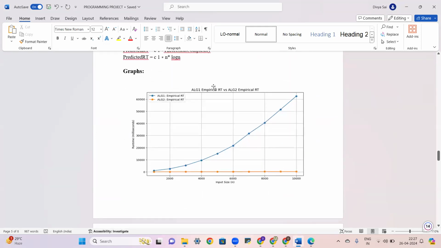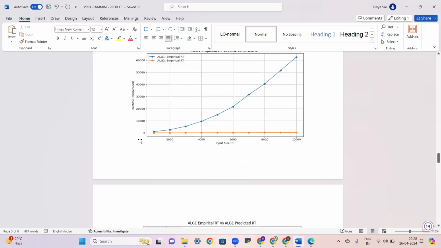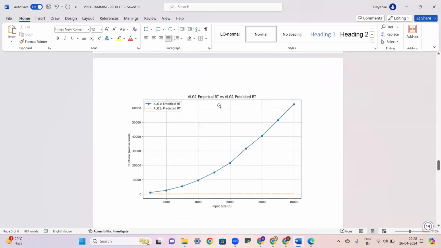Coming to the graphs I have plotted, this is the brute force and divide and conquer empirical runtime. This is the graph that is plotted. This is the input I have given, and this is the runtime that I got. Coming to the second graph, it includes the brute force empirical and predicted runtimes.